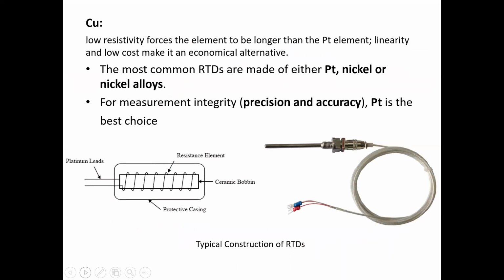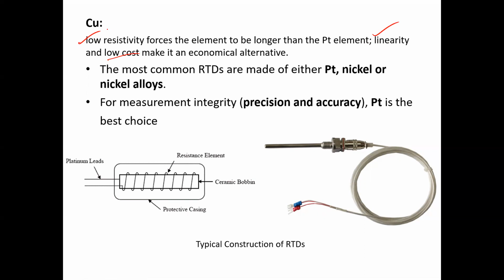Now, it has already been mentioned that copper has low resistivity compared to platinum and nickel, although it has the advantages of a linear relationship up to some range, and it also has a low cost.